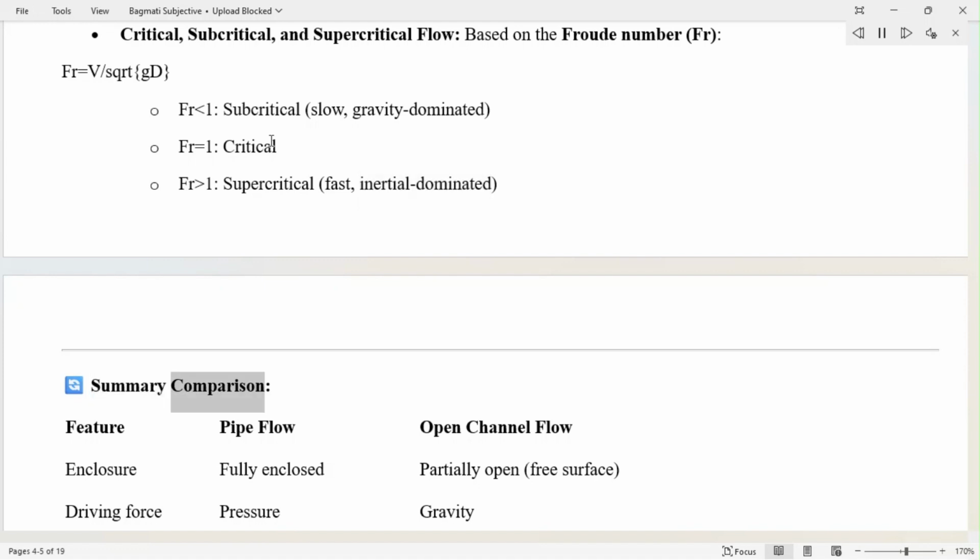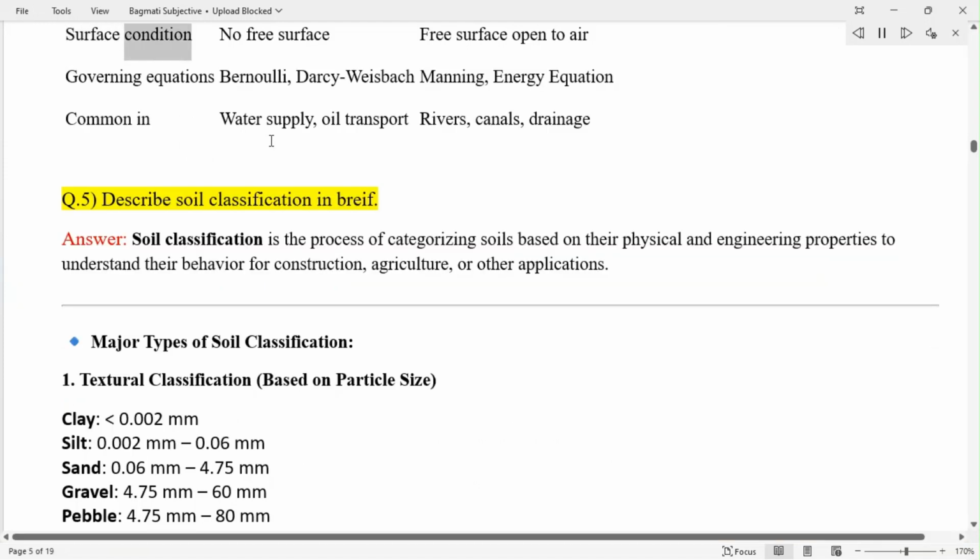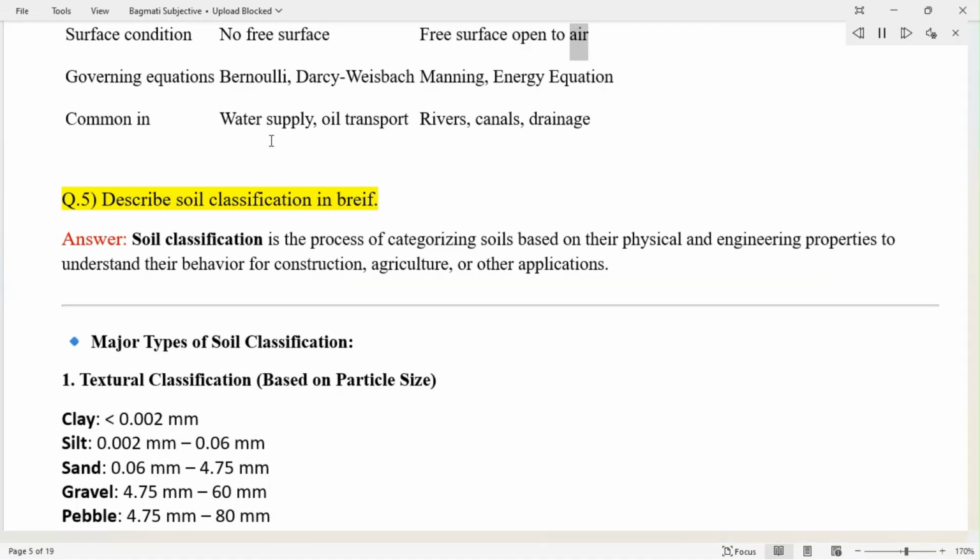Summary comparison. Feature: pipe flow versus open channel flow. Enclosure: fully enclosed versus partially open, free surface. Driving force: pressure versus gravity. Surface condition: no free surface versus free surface open to air.